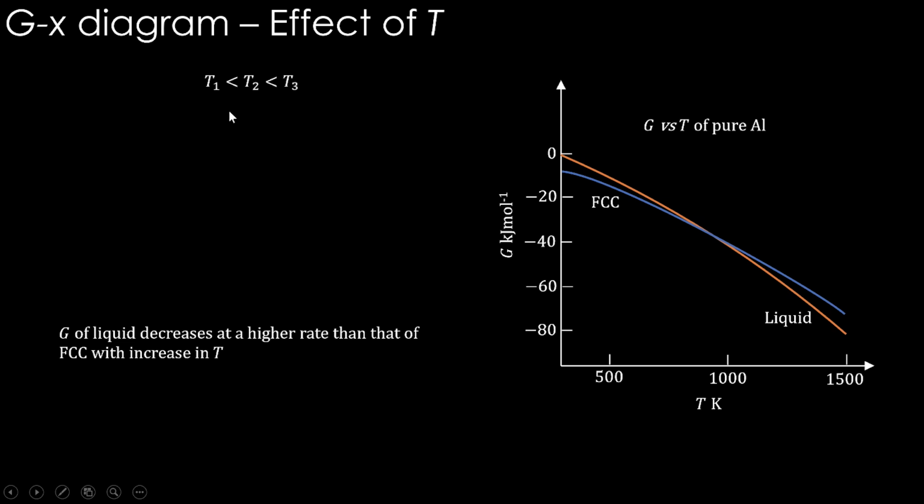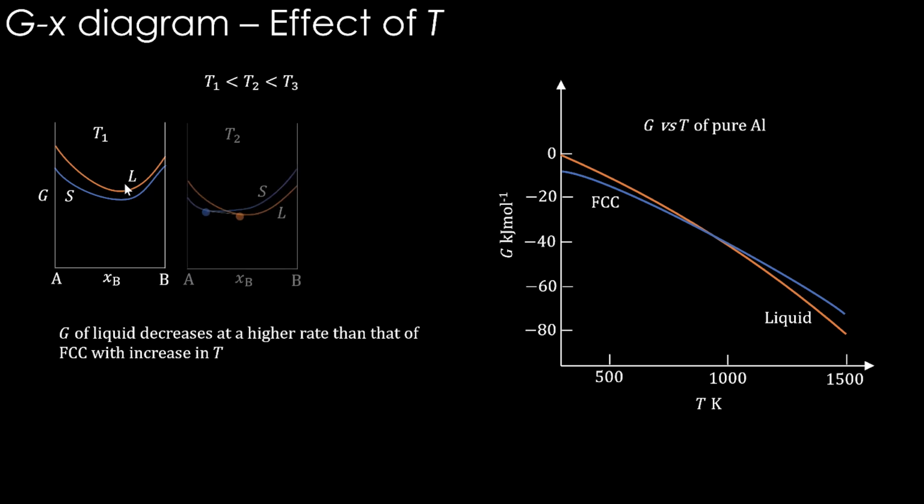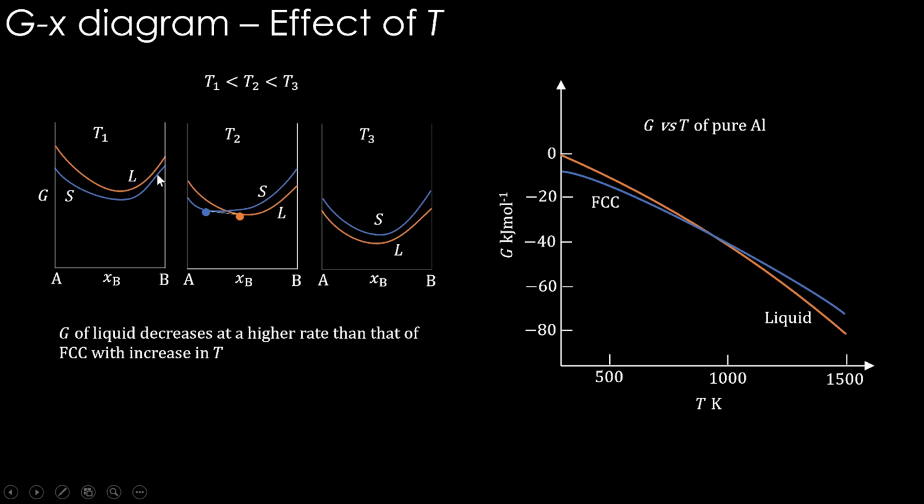So we are going to consider three different temperatures, T1, T2 and T3. T3 is the highest. And we will see how the Gibbs energy versus composition plots of solid and liquid phases in the AB binary system behave with respect to these different temperatures. We have seen these curves previously, but you have to see how the magnitude is changing with temperature here. You see both of the Gibbs energies decrease as the temperature increases, but the liquid's value decreases at a higher rate.